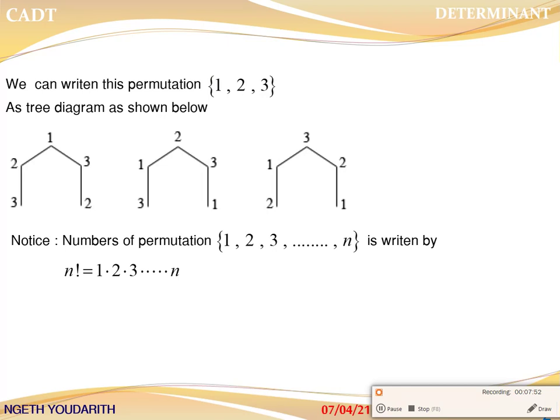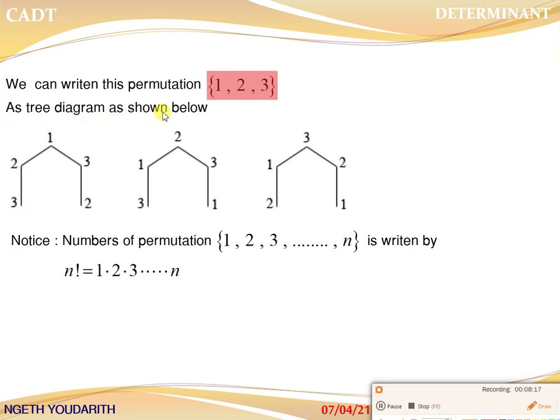For this, we can write the permutations of 1, 2, 3 as a tree diagram, as shown below. First you take 1, you take 2, and you take 3.